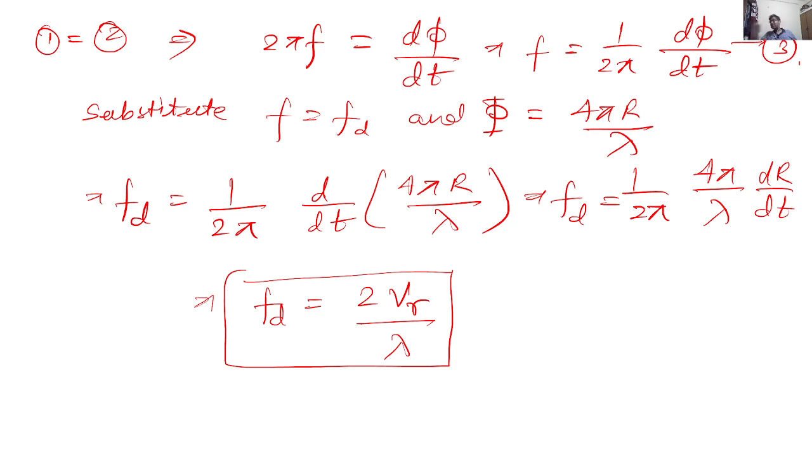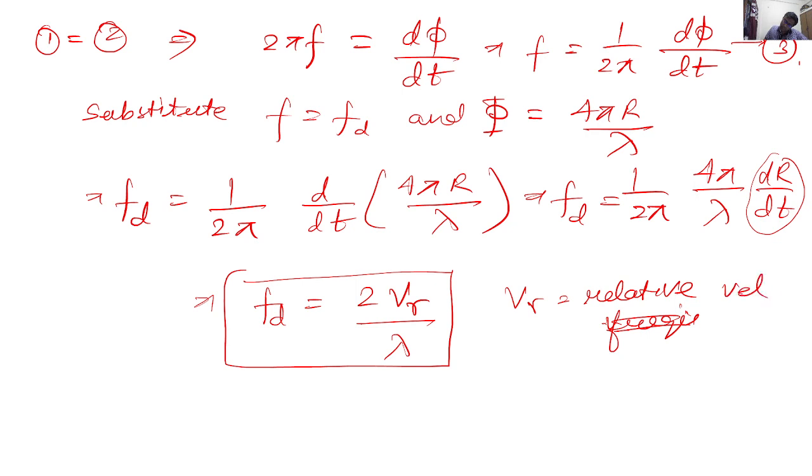So if the range is changing, then only the Doppler frequency will come into effect. And this dr by dt is something known as the relative velocity. So there should be a relative velocity between the source and the observer.